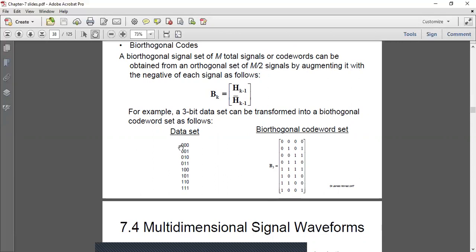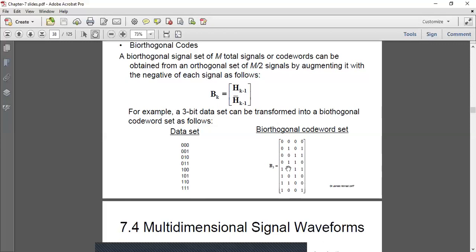Now if we want to transmit a 3-bit data set, it can be transformed into a bi-orthogonal code word set as follows. The data set now has 8 entries, 0, 0, 0 up to 1, 1, 1. So we have 8 data elements, then again we have 8 entries over here. So this is H(k-1).